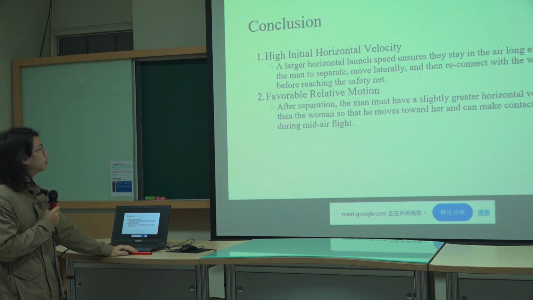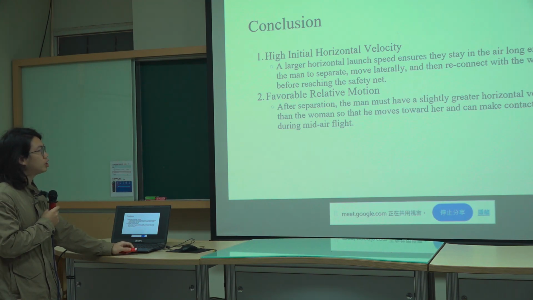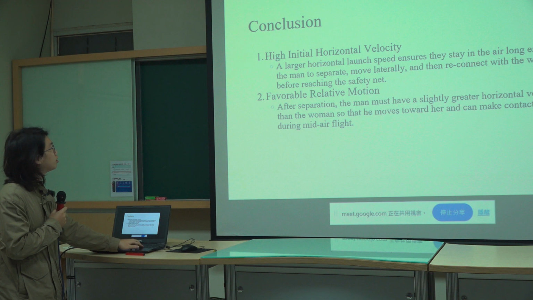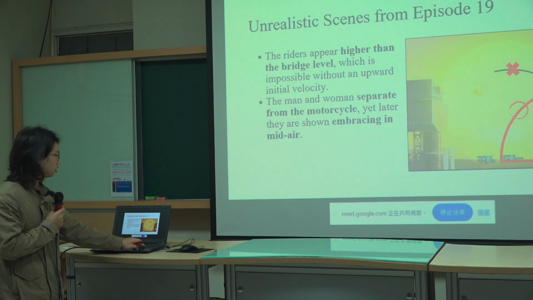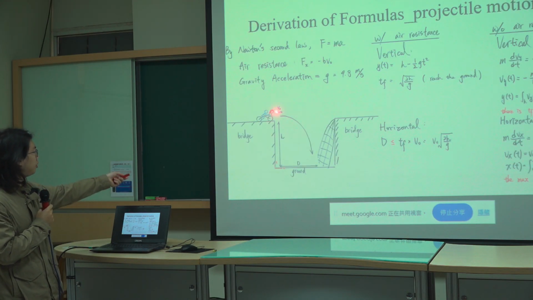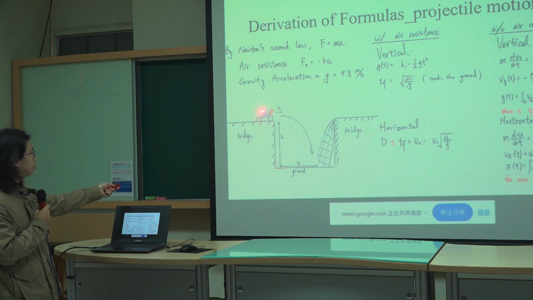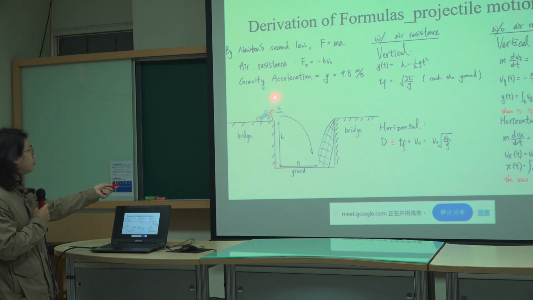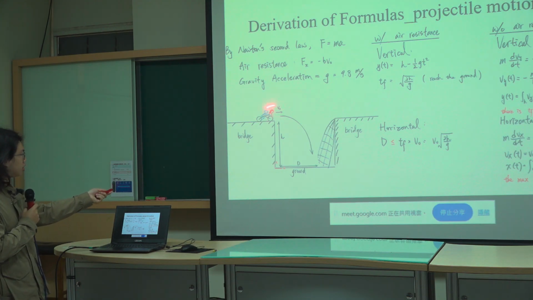Here's my conclusion. If he needs to reach the net, here's the diagram I provide here. If they need to reach the net, they need a high horizontal velocity.